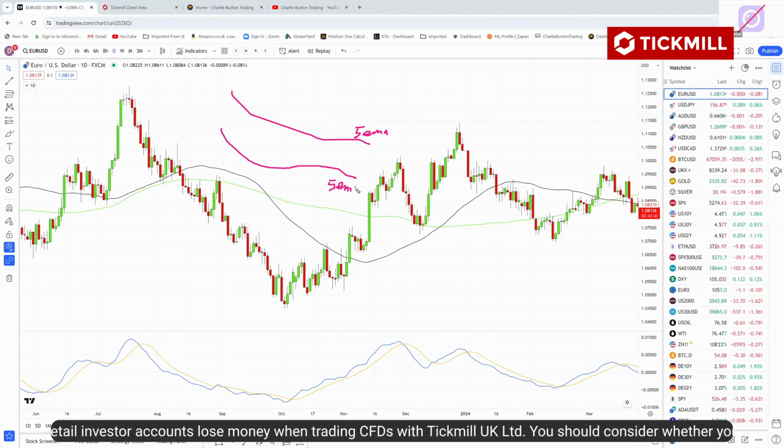Most moving averages, when you put them on your chart, will default to the closing price. So what you do is go to your chart settings and change the default setting.